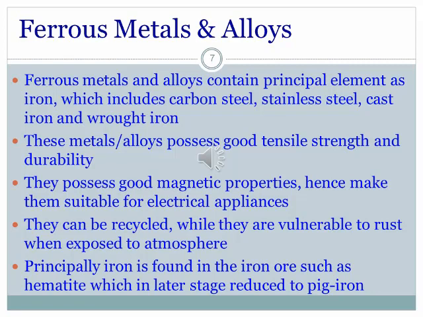They can be recycled easily, but one great disadvantage is that they are vulnerable to rust when exposed to atmospheric moisture and oxygen. Rust is one of the biggest negative factors for all ferrous materials. Principally, iron is found in iron ore, either hematite ore or ferrous ore, which is later reduced to pig iron and then further processed.